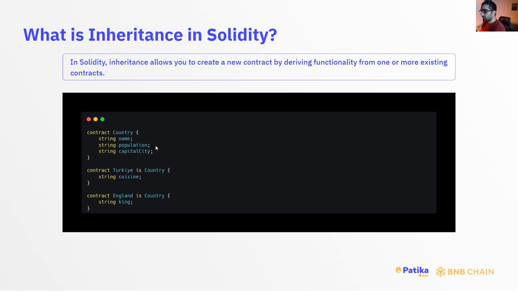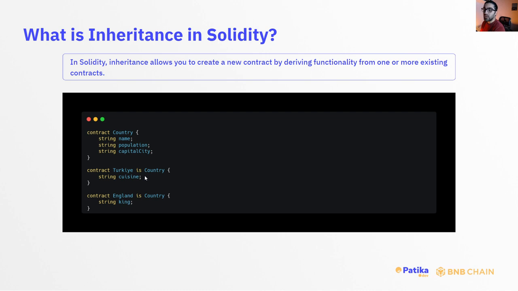For example, here I have a contract called country, and I have name, population, capital city, and I have Turkey as another contract, and I just say that Turkey is country, meaning that I just use these attributes from this contract, and now these attributes are available in this contract as well.